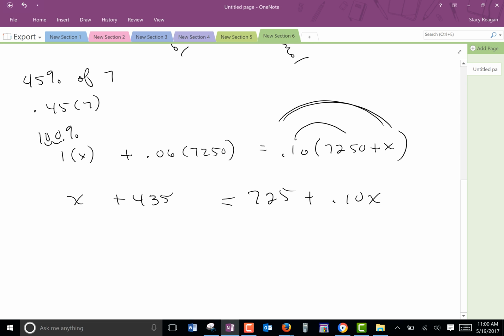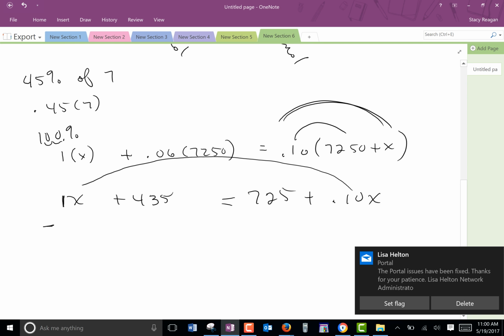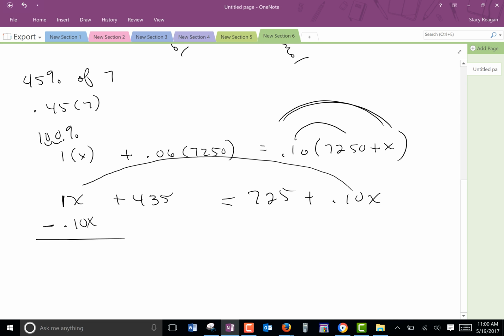Now this is basic algebra from here out. I need to get my x's together, so I'm going to pop this one over to this side, and I'm going to do 1x minus 0.10x. So 1 minus 0.10 is 0.9x. I'm going to pop the 435 over here.